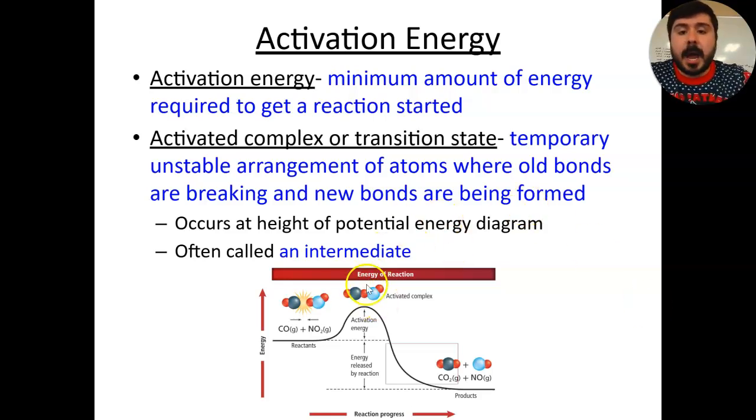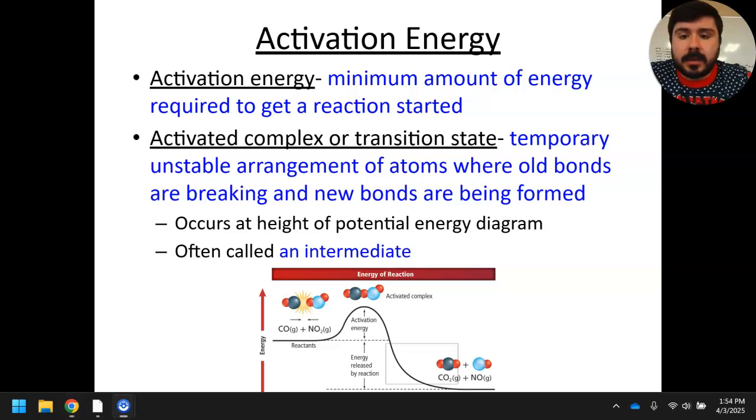So if we look at this diagram down here, I'm actually going to even trace it. Here's my little cursor. At the start, we've got this little curve, and we're starting out at this energy here. Then as we continue, this reaction is going to need more energy to actually occur.